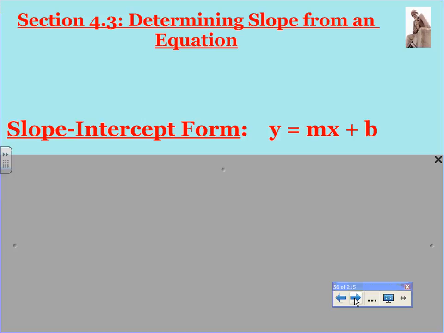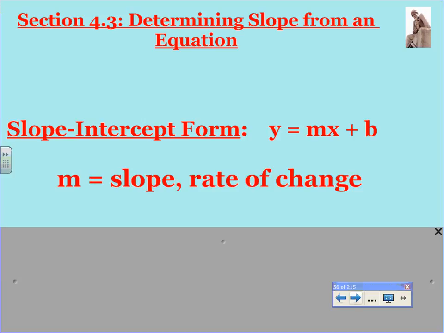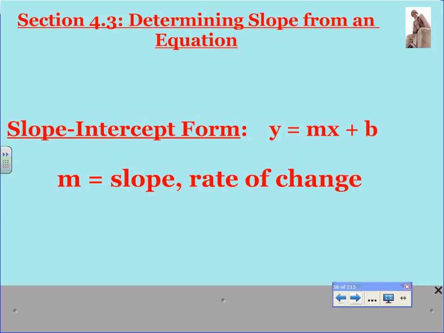So at the top where it says slope-intercept form, I need everyone to write down y equals mx plus b. Okay, that is your slope-intercept form, which you guys know. And then I need you to write down the m, which again we've already talked about, is slope, which you can also call the rate of change.